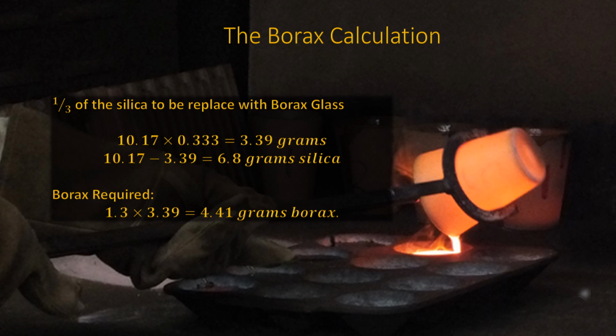The amount of borax is calculated using the borax equivalent constant for the monosilicate slag, which is 1.3. The amount of silica being replaced is 3.39 grams. Therefore, 1.3 times the 3.39 gives the estimated amount of borax required as being 4.41 grams. This is added to the charge.